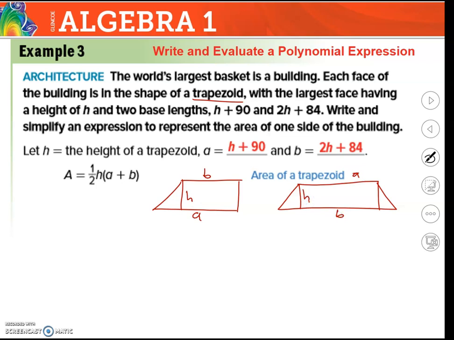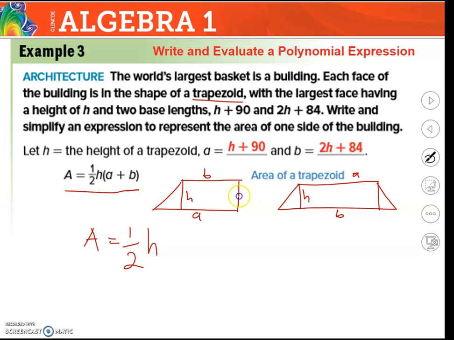Now the area of a trapezoid is given as A is equal to half multiplied by H multiplying A plus B. A has been given and the dimension for B has also been given. So in substituting that into the area, we are going to have 1 over 2 height.